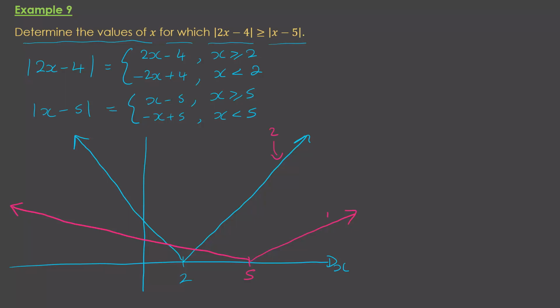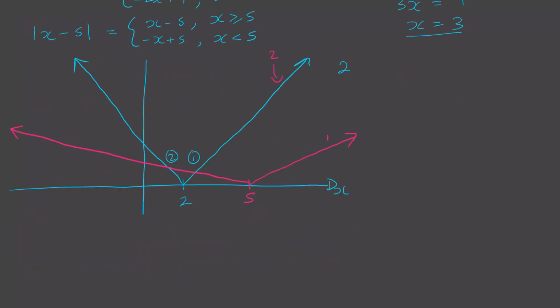So we can see that there are two intersections, call them 1 and 2. For intersection 1, we're looking at where 2x minus 4 is equal to negative x plus 5. And that would give me 3x equals 9. So x would be equal to 3.